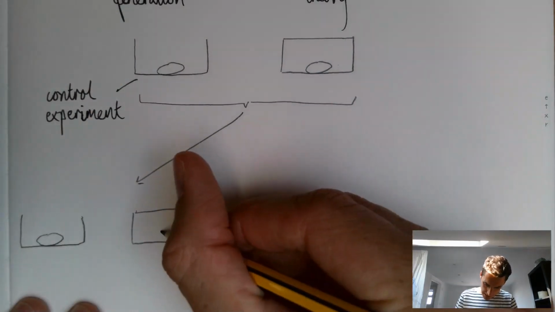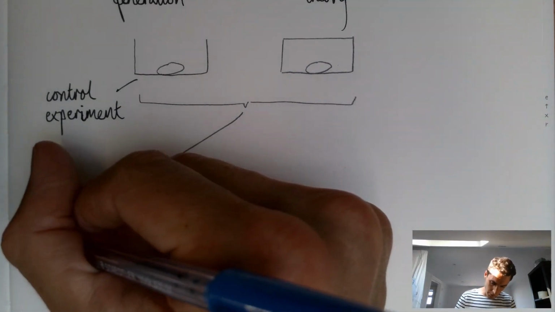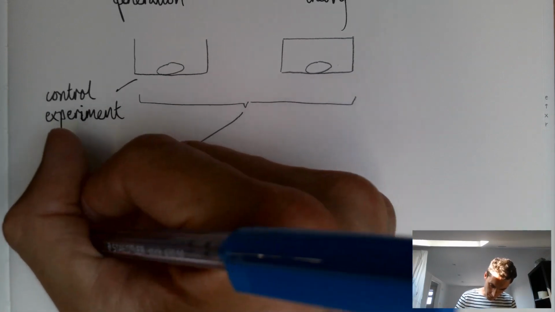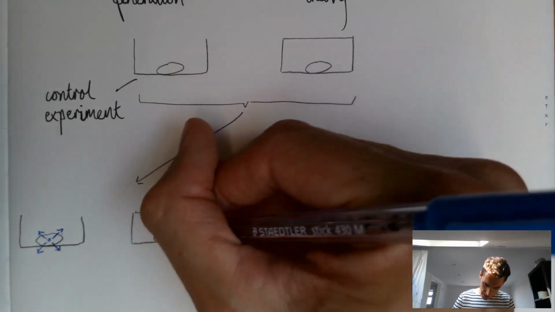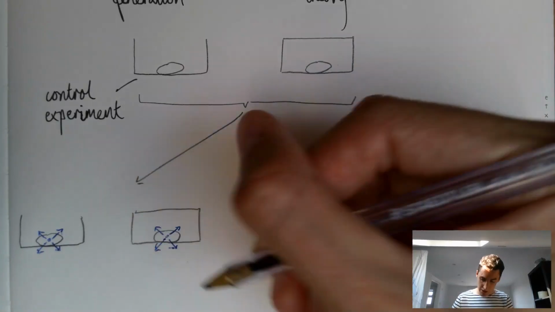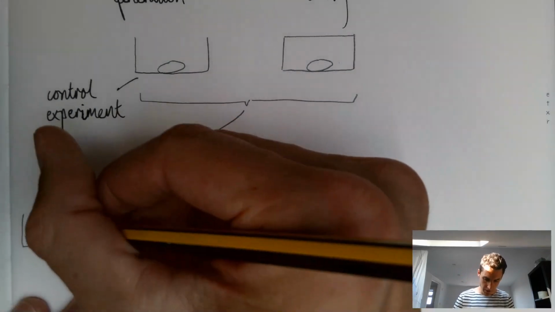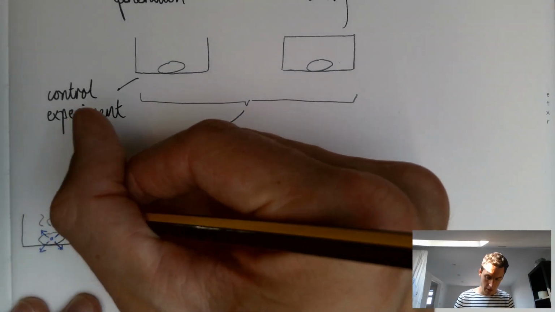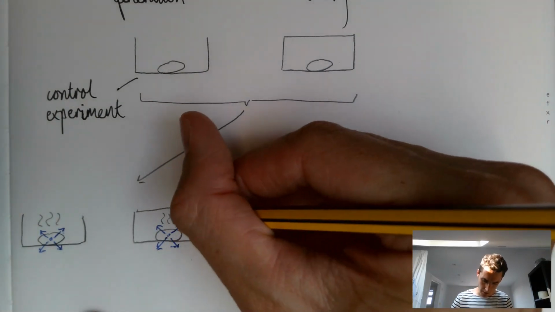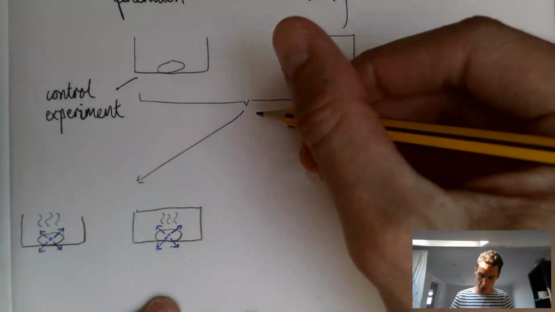Well, what we'd expect to happen in each case is that some sort of change happens on the inside, that then spreads throughout the piece of meat. In both cases, it doesn't matter whether the lid's on or off, what's happening is happening inside the meat. So in both cases, what we'd expect is that regardless of whether the lid is on or not, this meat goes bad, gets smelly, maybe discoloured. Same in there as well. That's what we'd expect to happen if spontaneous generation was true.